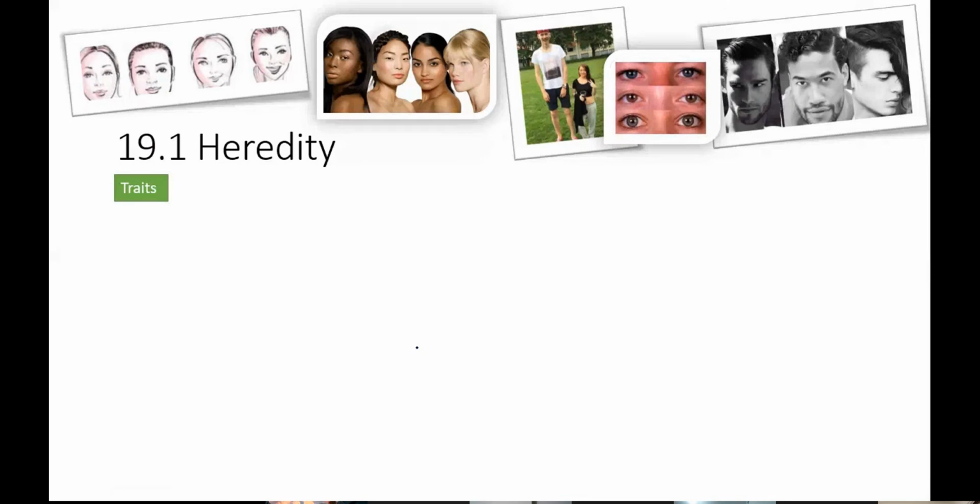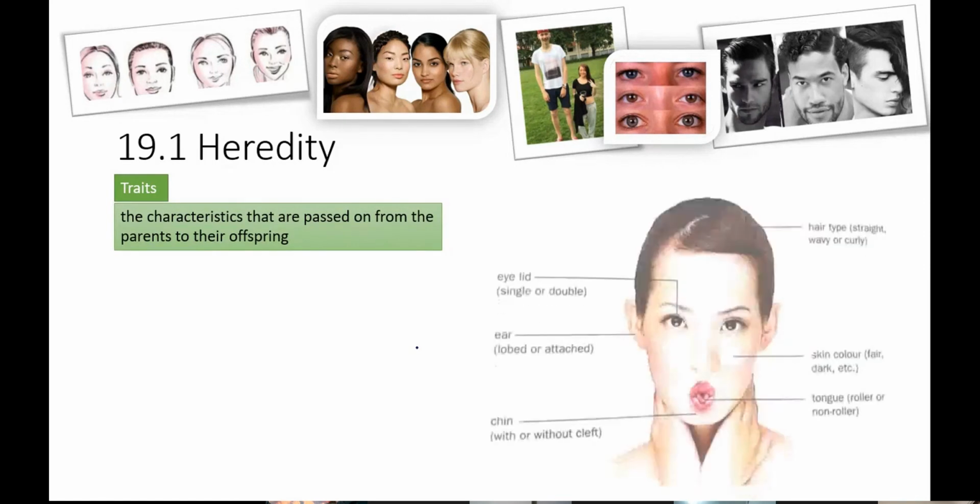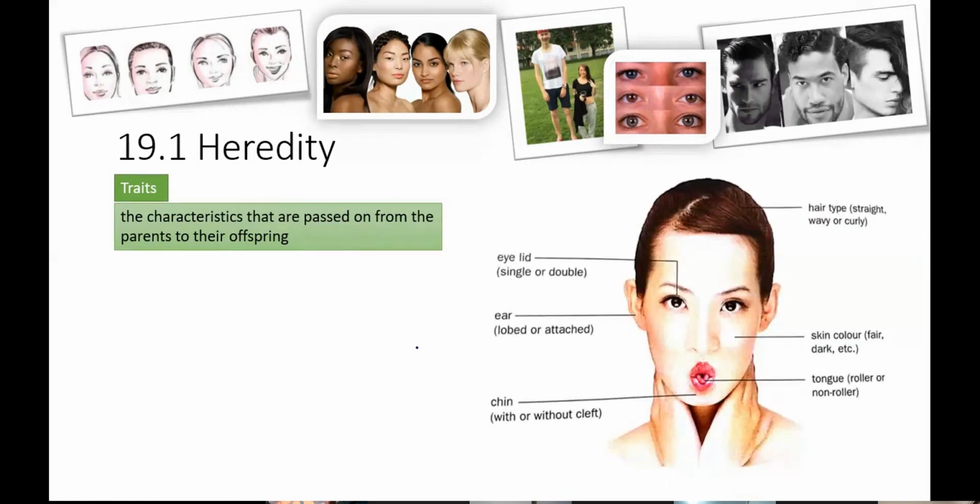These are some traits or characteristics that are passed on from the parents to their offspring. The eyelids can be single or double. Ear can be looped or attached. The chin, with or without cleft. Or tongue, roller or non-roller. Skin color. This is the facial structure for picture one.